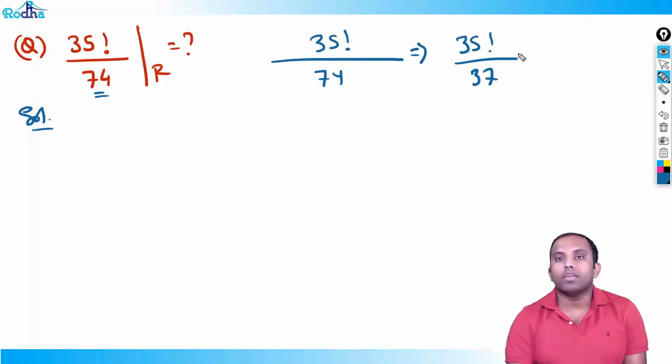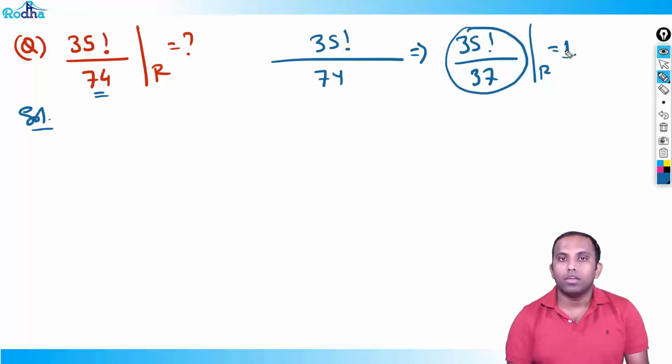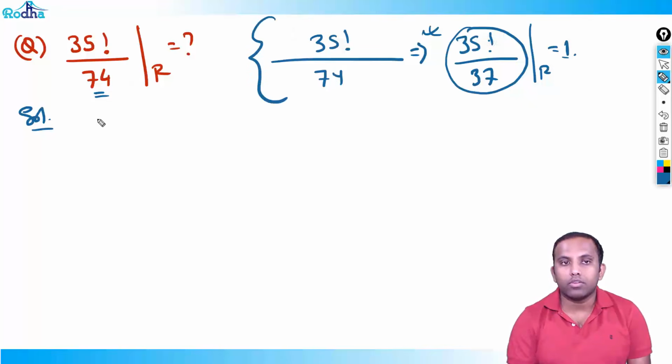So 35 factorial by 37, that remainder would be 1 by Wilson's remainder theorem: p minus 2 factorial upon p, the remainder is 1. This is the USP of the question. If you get this, you can get the answer now. So you can write 35 factorial upon 2 into 37.